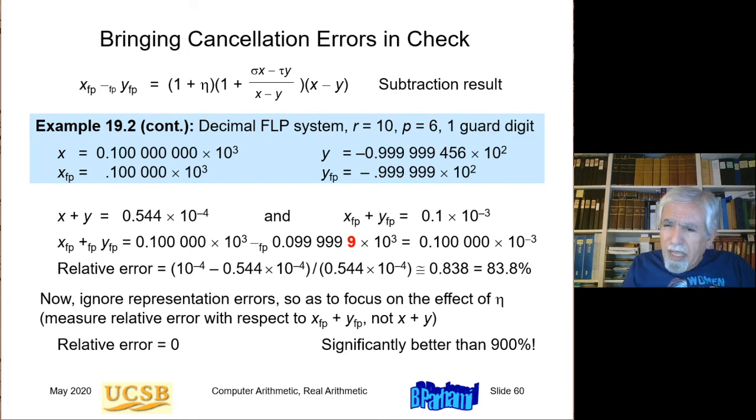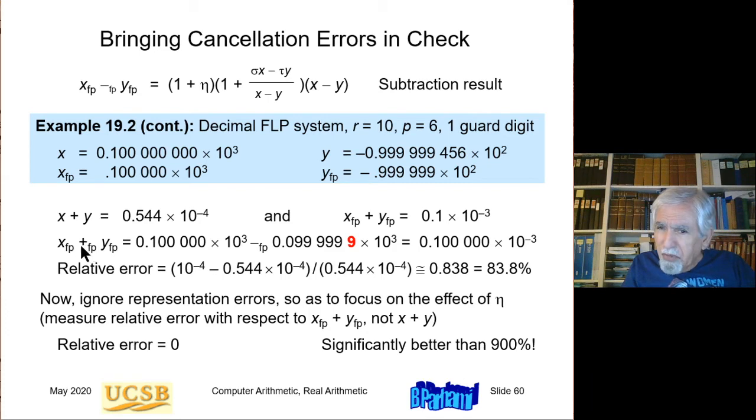So even without arithmetic errors, just because of the representation error, we are getting two vastly different numbers: 0.5 times 10 to the minus 4 versus 0.1 times 10 to the minus 3. If you write this as 10 to the minus 4, this will be 1.1 times 10 to the minus 4. So the two values are vastly different because of that cancellation effect.